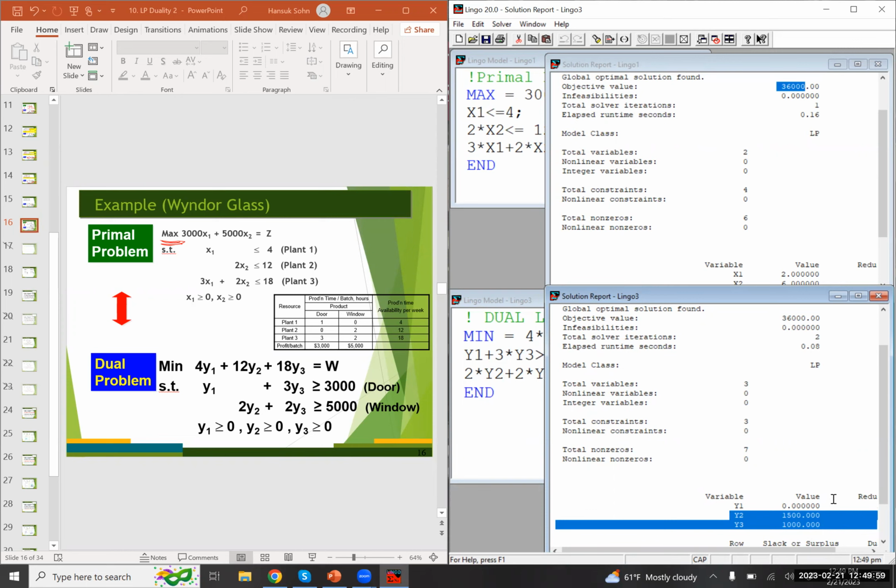So in a way, we could achieve the minimum expenditure of how much? $36,000 for purchasing all of the resources from the window glass company. So that's how you could interpret the optimal solution from both sides of the problems.